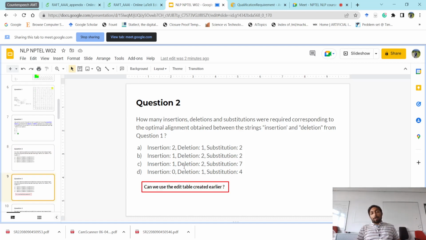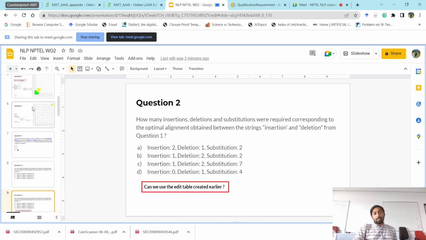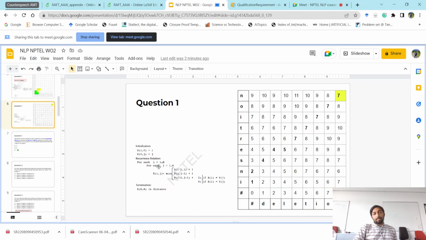So how to solve this? Can we somehow use the edit distance table created earlier? Do you have any thoughts about that? I have already highlighted some things, so maybe you can guess from that. How should we use this table to find the optimal alignment?